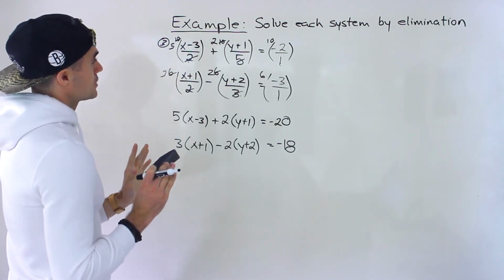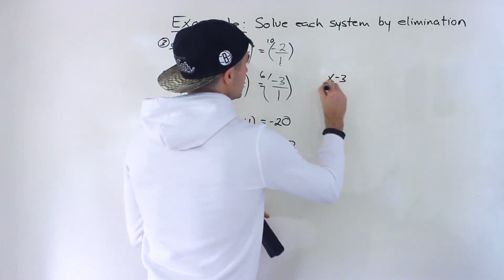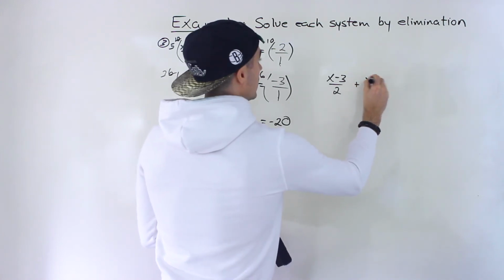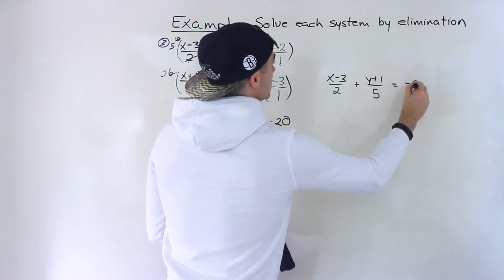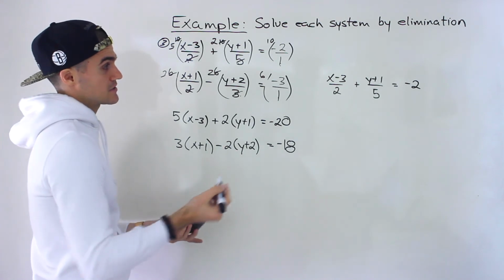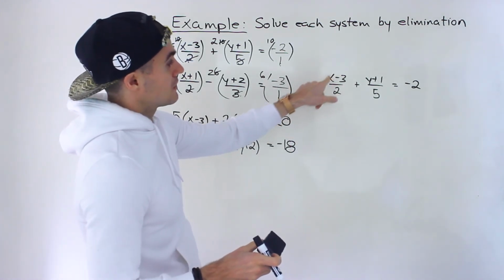Another thing I want to mention is another thing you might see done. I would not recommend going this way, but it might be something that you may see your textbook do, is they'll split up the fractions from here.